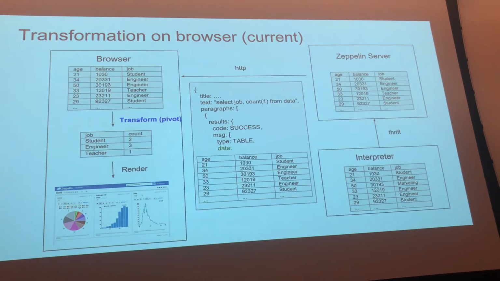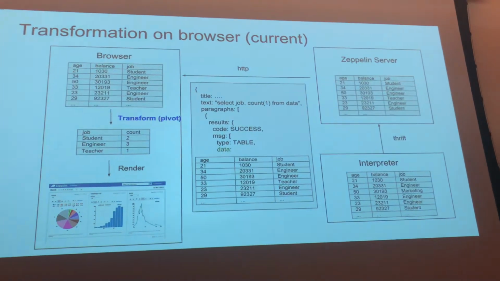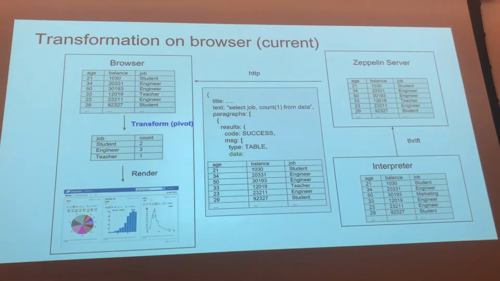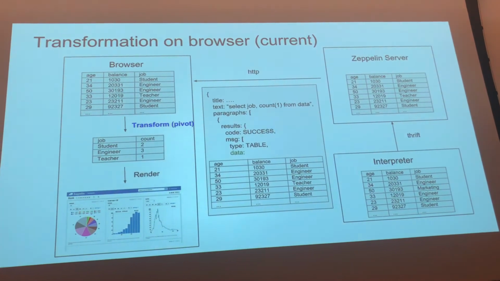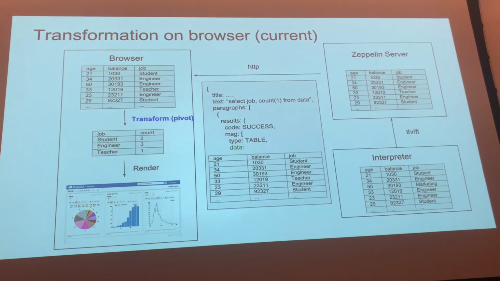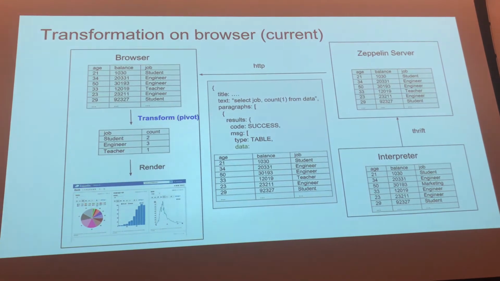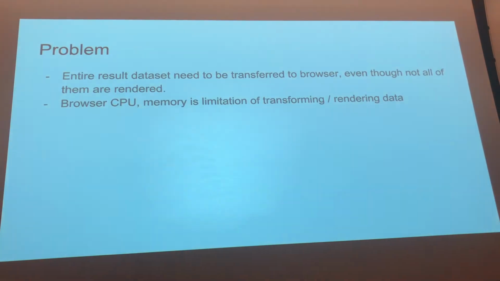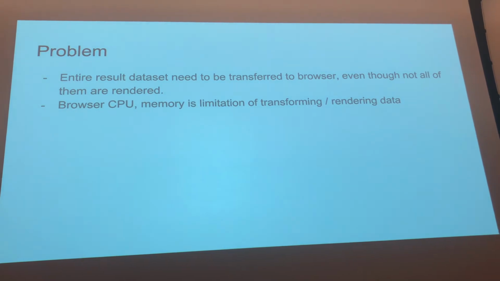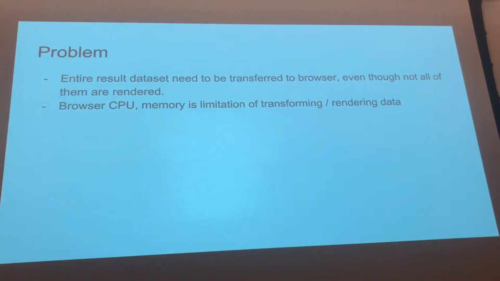Built-in visualization only works very well with a small set of data, not a large set of data. If we can tackle this problem and make it work smoothly with a large set of data, it will be really cool. So this is a problem. To summarize, the entire data set needs to be transferred to the front end.